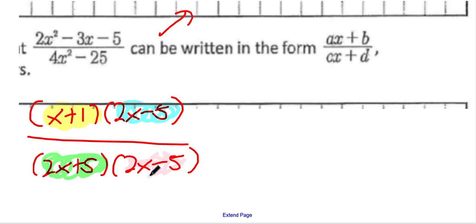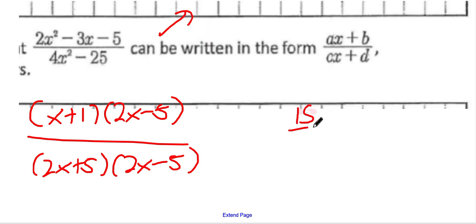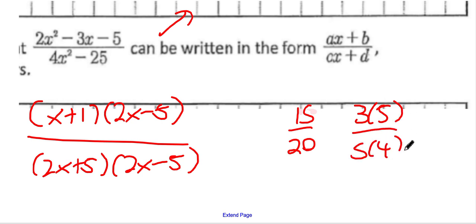That's what's going on. Now, when it comes to multiplication, in the classic example of 15 over 20, 15 over 20 can be changed into 3 multiplied by 5, divided by 5 multiplied by 4. Would you all agree with that? Now, see the 5 on the bottom? The 5 on the bottom can cancel with the 5 on the top, only because it's multiplication.